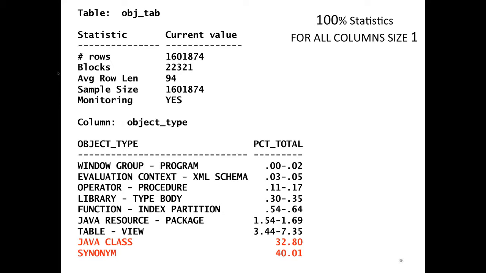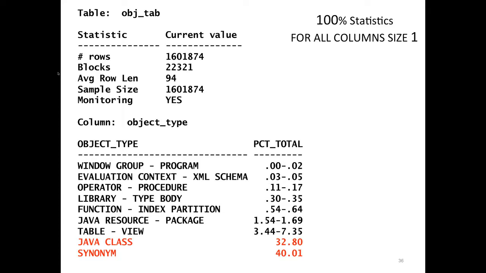The example I wanted to show you involves creating a table with about 1.6 million rows in it, and I have a column object type. If I collect 100% statistics on this table, and I am not going to collect any histograms, but if you look at the bottom of the page here, you'll notice that for the various object types present in the table, there are 2, Java class and synonym, which represent the majority of the rows.